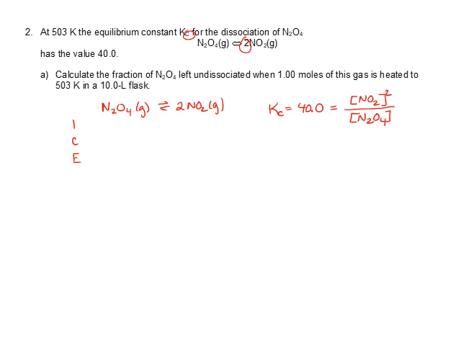We now need to start filling in our ice table. We're told that we're going to put 1 mole of N2O4 in the flask at 503 Kelvin, and the flask has a volume of 10 liters. Since molarity is moles over volume, we can calculate the concentration of the gas as 1 mole divided by the volume of the flask, which is 10 liters, gives us a concentration of 0.100 molar N2O4.